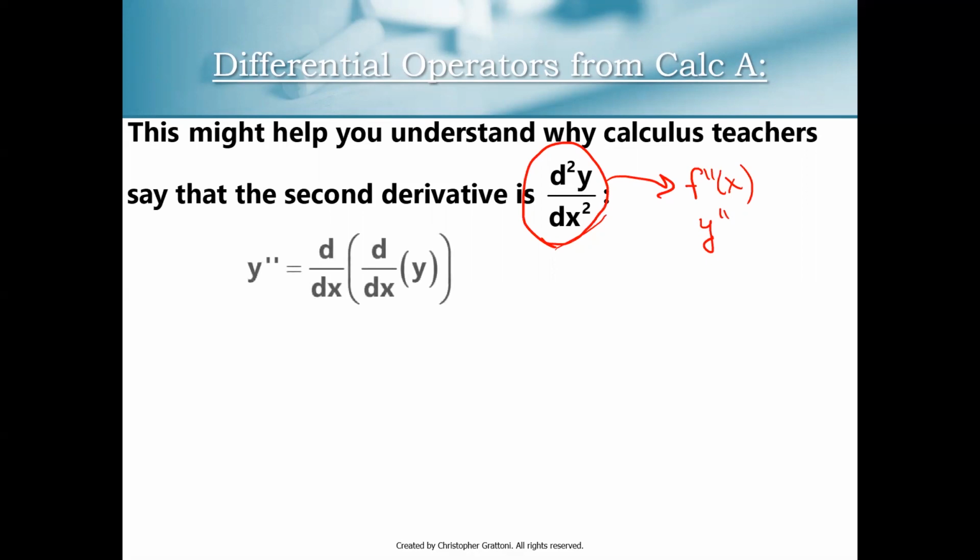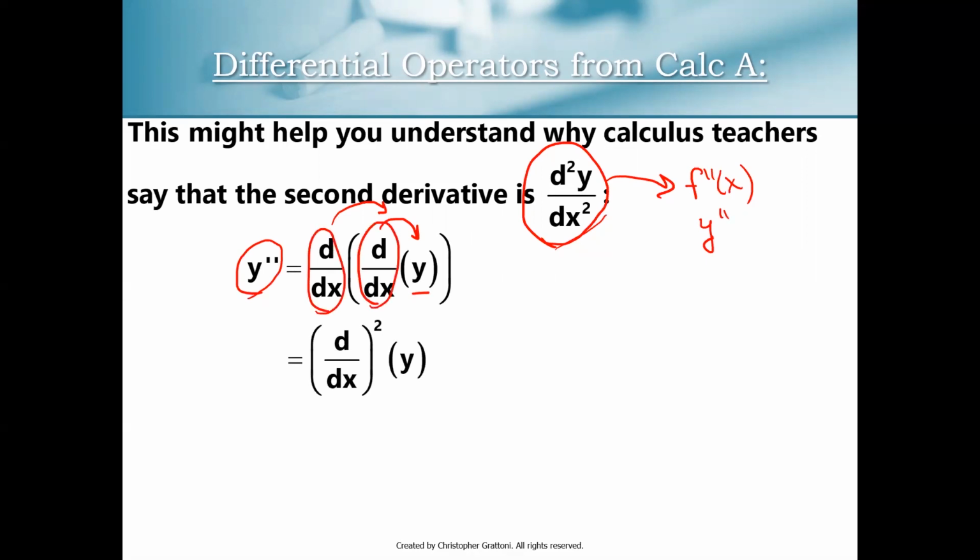Now, if we want to compute the second derivative, if we want to compute y double prime, that means that we are taking the variable y and we are applying the differential operator d dx to it twice. So I could rewrite this as, if we think about d dx as its own thing, this looks a lot like multiplication here.